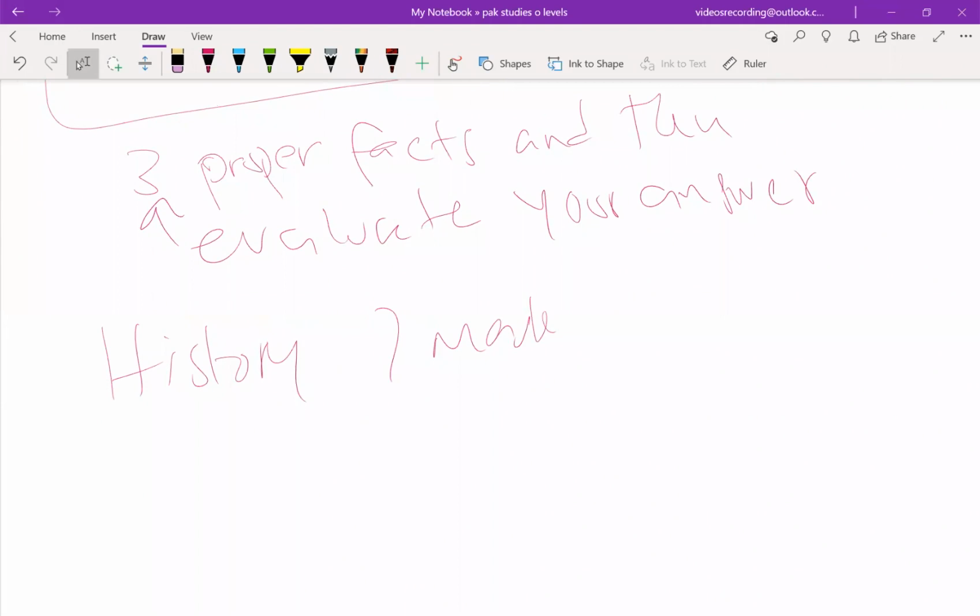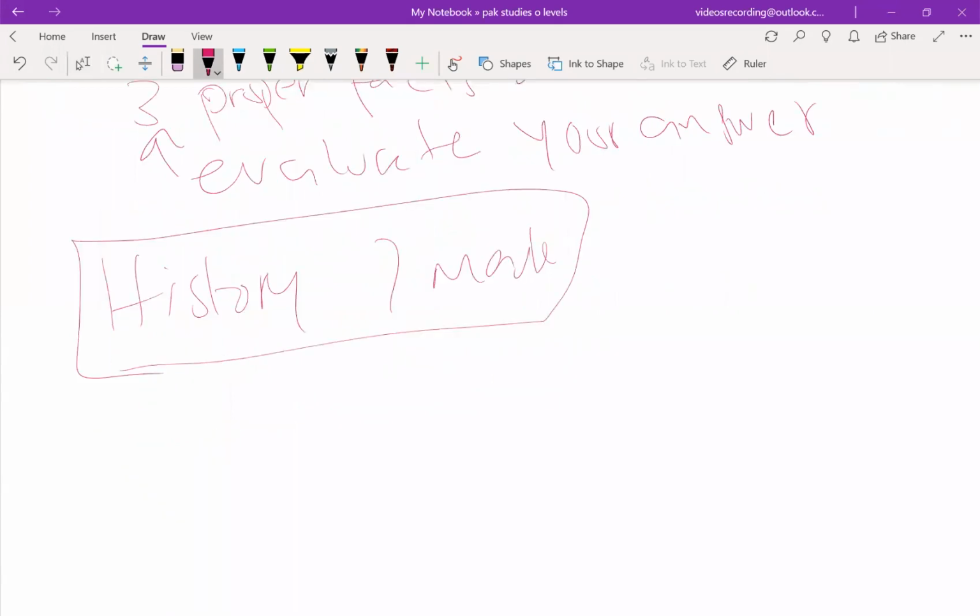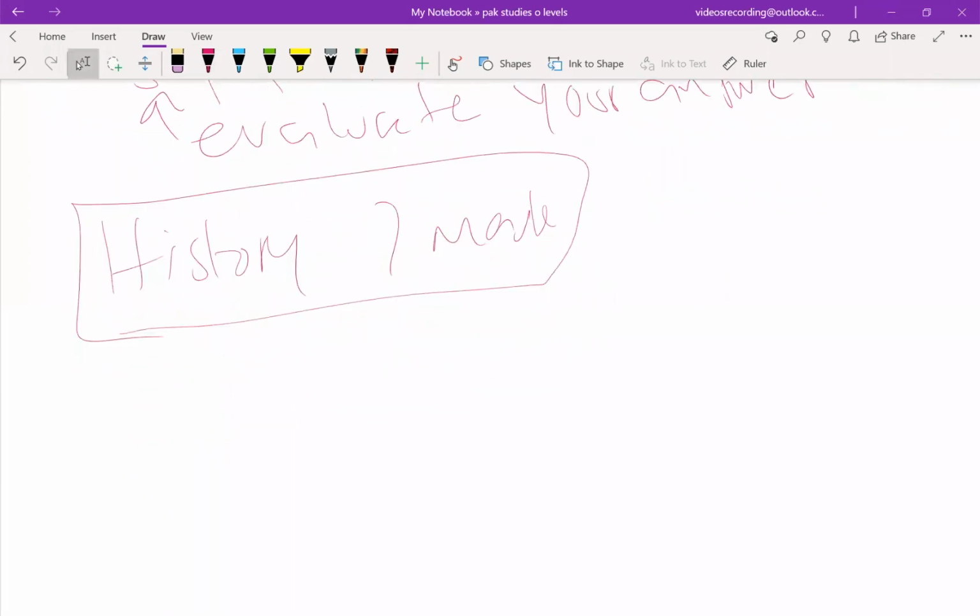In history, the 7 mark question follows the same theme of a paper 2 6 mark question. You have to make sure that you have proper, well rehearsed facts with you that you can elaborate on.